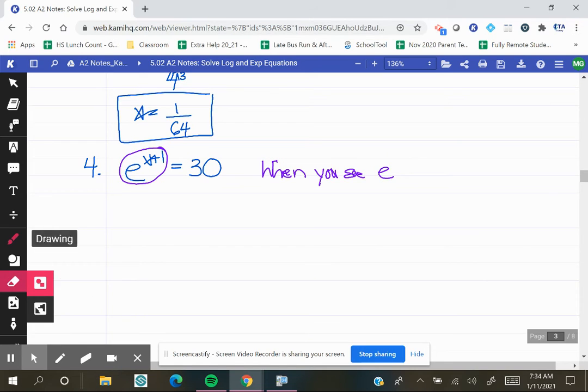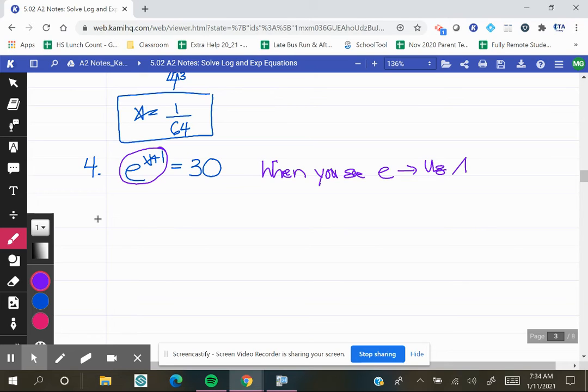When you see e, use ln as opposed to log. And when you see an ln, that tells us our base is e.